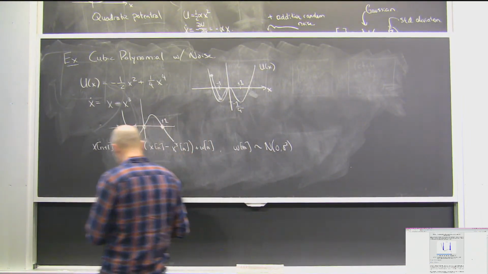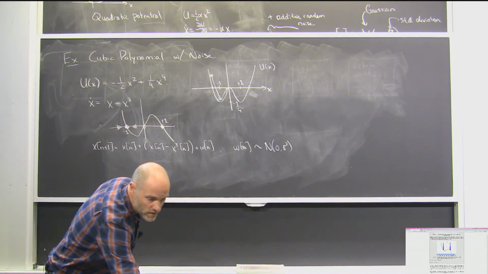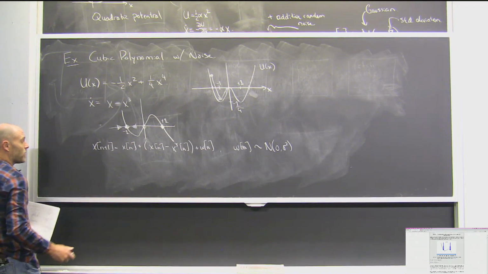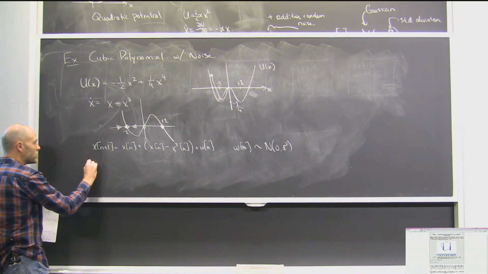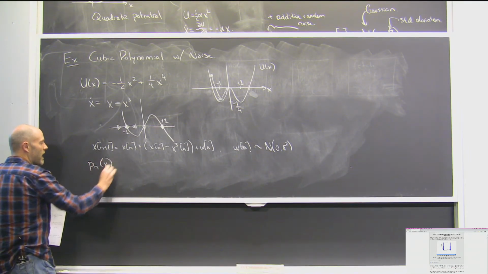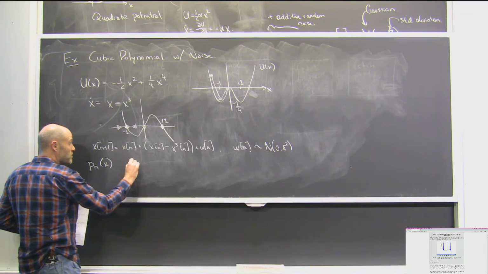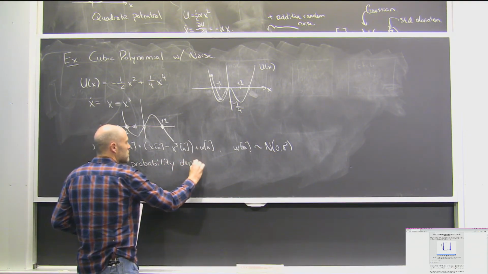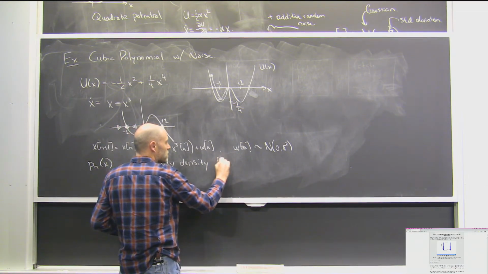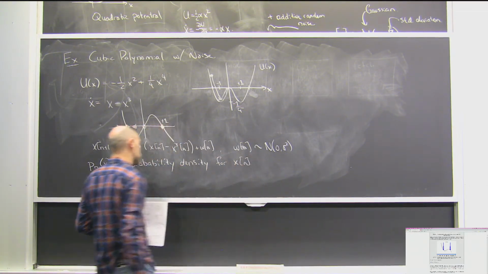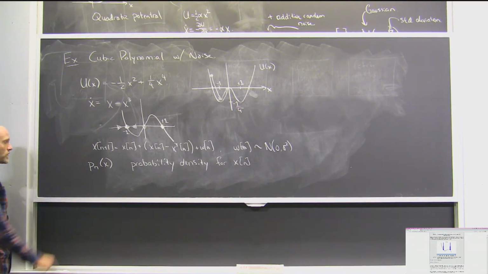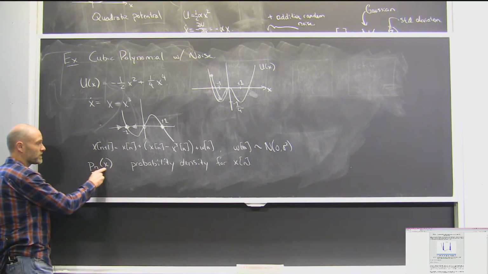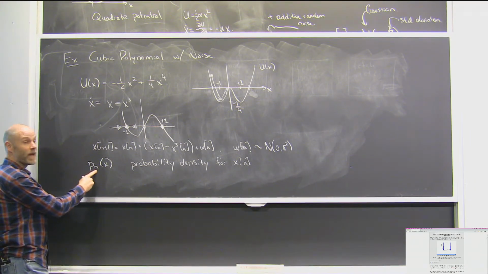Okay, so what is the machinery we'll use to do this? Let me pause that because that's irritating. Let's give a little bit of notation. I'm going to use the notation P_n(x) to be the probability density for x_n. So this is some function over x that tells me the probability of being at that particular x at step n.